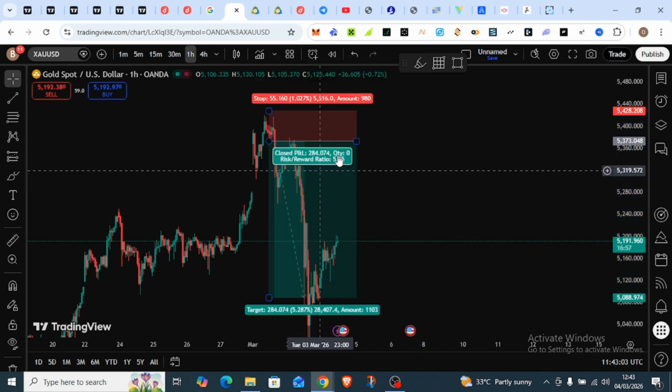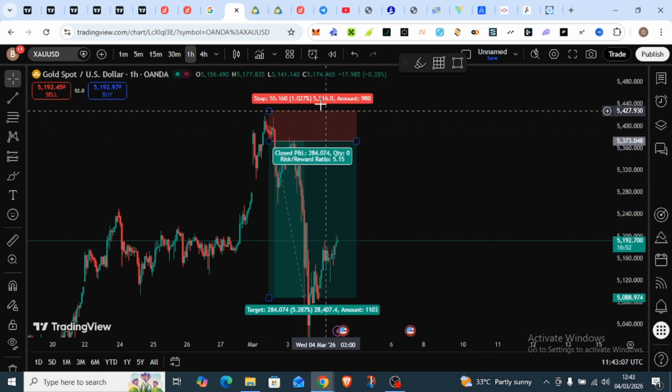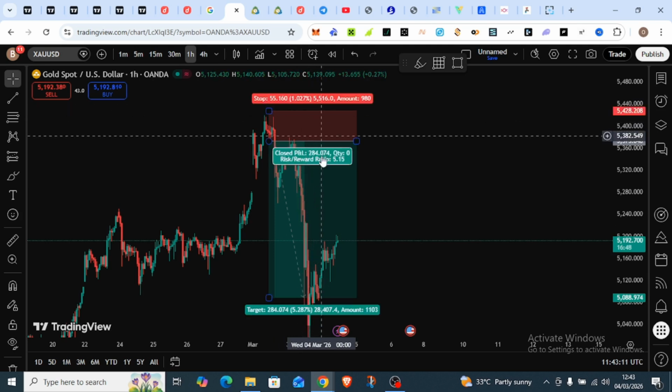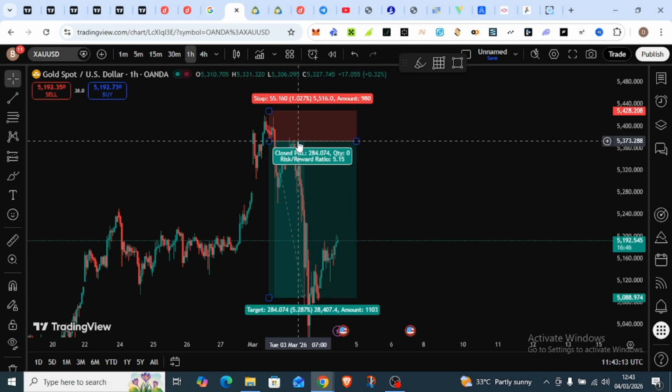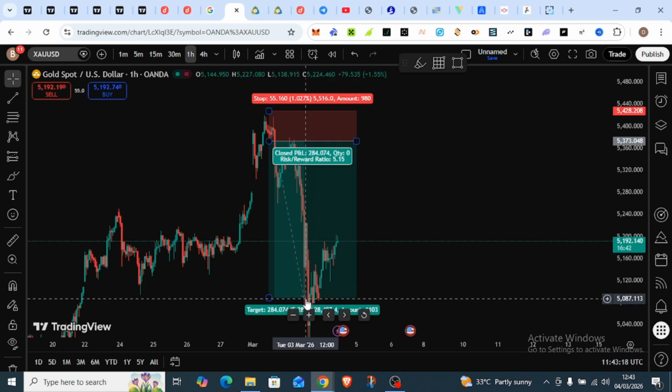We can calculate the pip movement from entry to stop loss and know the amount we will lose depending on our risk, and how much we make from entry to take profit level.